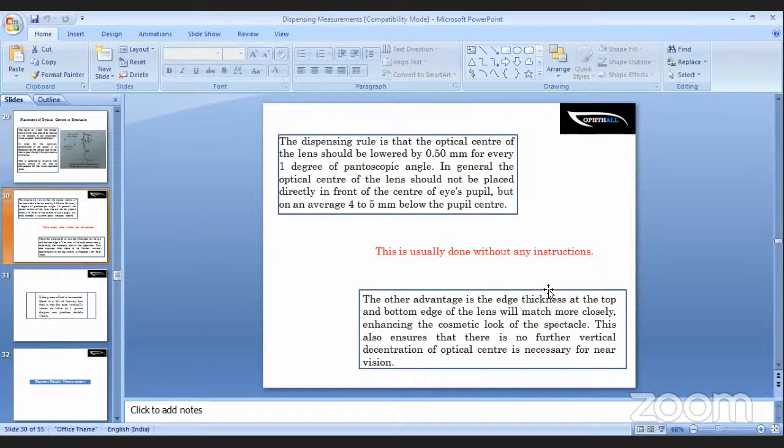The dispensing rule is that the optical center of the lens should be lowered by 0.5 millimeter for every 1 degree of pantoscopic angle.